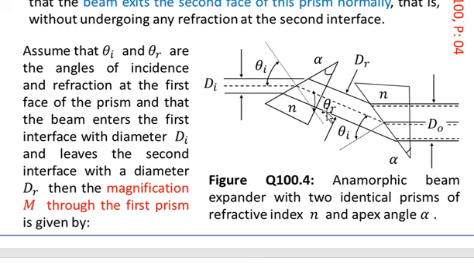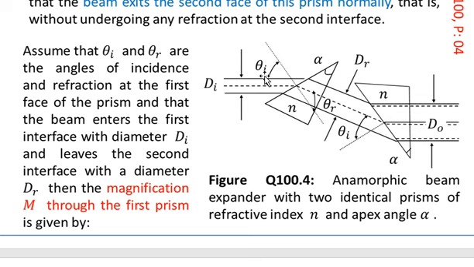So theta r is again the angle measured with the normal to the first surface, and we have chosen theta I in such a way that the beam which is refracted inside the prism is incident normally to the second surface of this prism. So this is the second surface of the prism on which the beam is incident normally. This choice of theta I makes it happen.